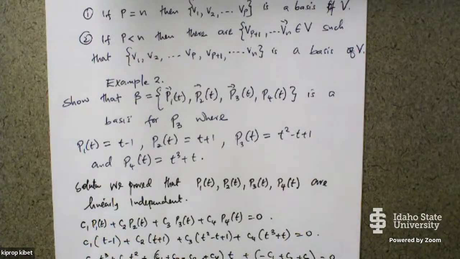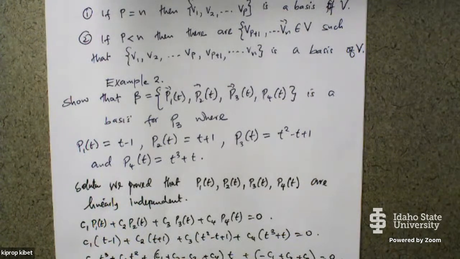And then finally, when we check the coefficients here, then what we get is minus C1 plus C2 plus C3 equals to 0, and then C1 plus C2 minus C3 plus C4 equals to 0, and then C3 equals to 0 and C4 equals to 0.